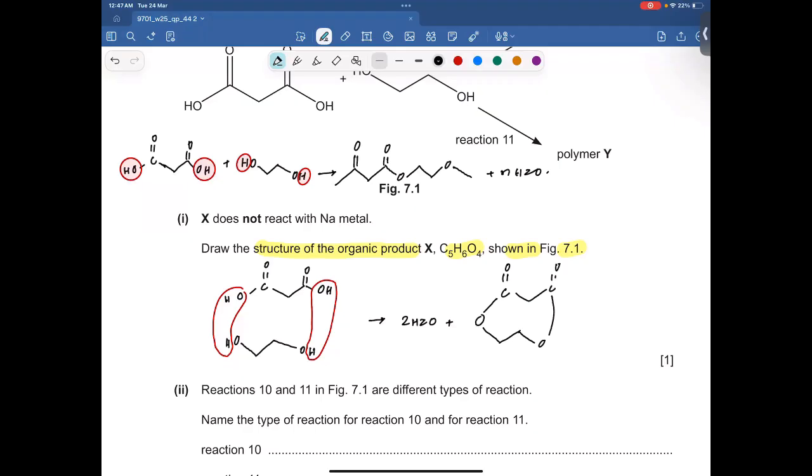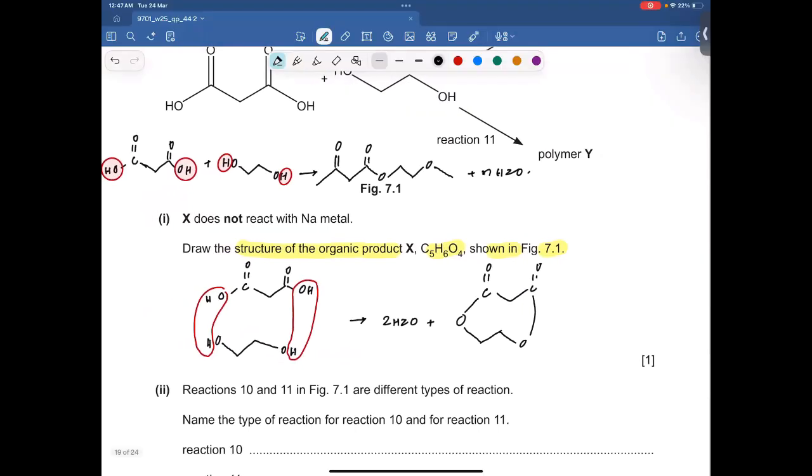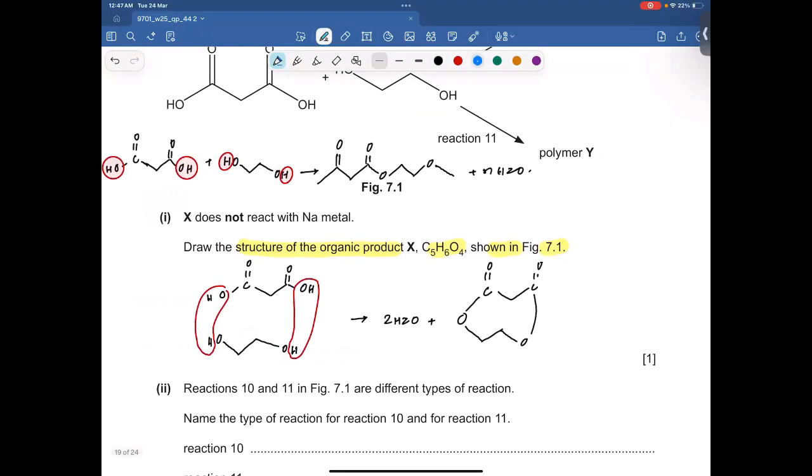Okay. So to make the skeletal structure, I think the best thing is इसको हम इस तरह से लिख लें. CO, CH2, CO, oxygen, CH2, CH2, and oxygen. Yeah, that's the possibility.